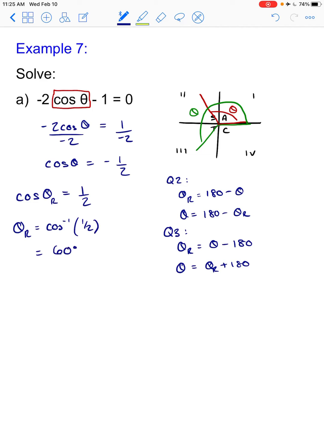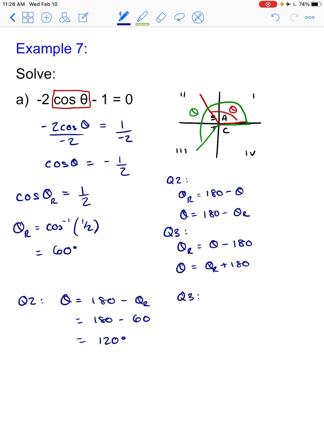So now we go back over here to these equations to solve for the angle in this problem. So in quadrant 2, theta is equal to 180 degrees minus the reference angle, which is 120 degrees.